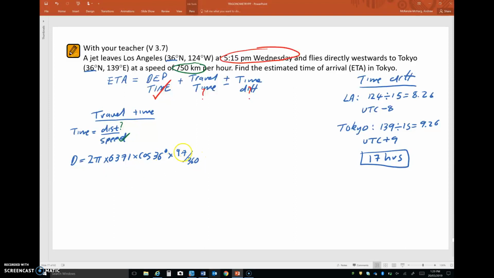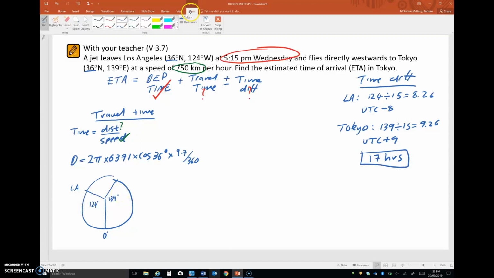Now let's just talk about why that is, because that's a tricky one. Remember, we're going from LA, which is 124 degrees west, to Tokyo, which is 139 east, and it tells us that we're travelling westwards, right?